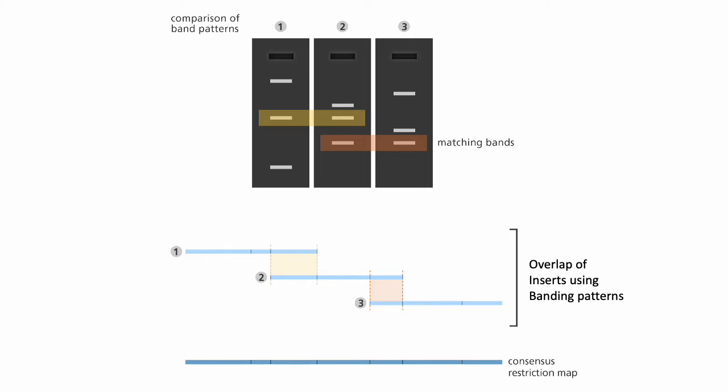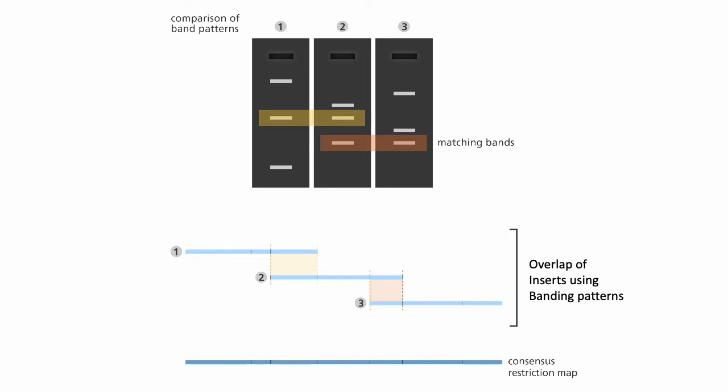What that means is that 2 inserts that share sequence will have corresponding fragments after the restriction enzyme cutting of the same length and sequence. And so you'll have overlapping bands in your gels between insert 1 and insert 2.